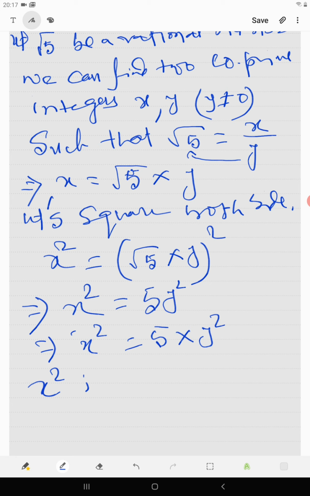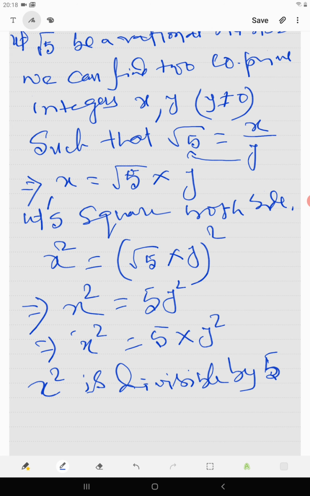In other words, x square is divisible by 5. Yes or no? Why am I telling you that? Because x square is a multiple of 5, it will only come in the 5 multiples, like 10, 15, 20. So we can say that x square is divisible by 5. Clear, right?